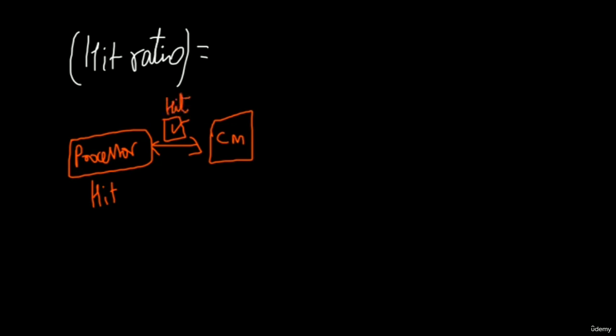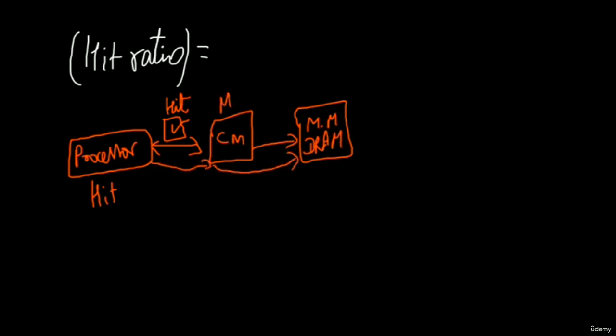But when the cache memory fails to give it, it has to go to the main memory or RAM. So the processor has to travel a long way, and that is a miss for our cache memory. So this is the whole story.